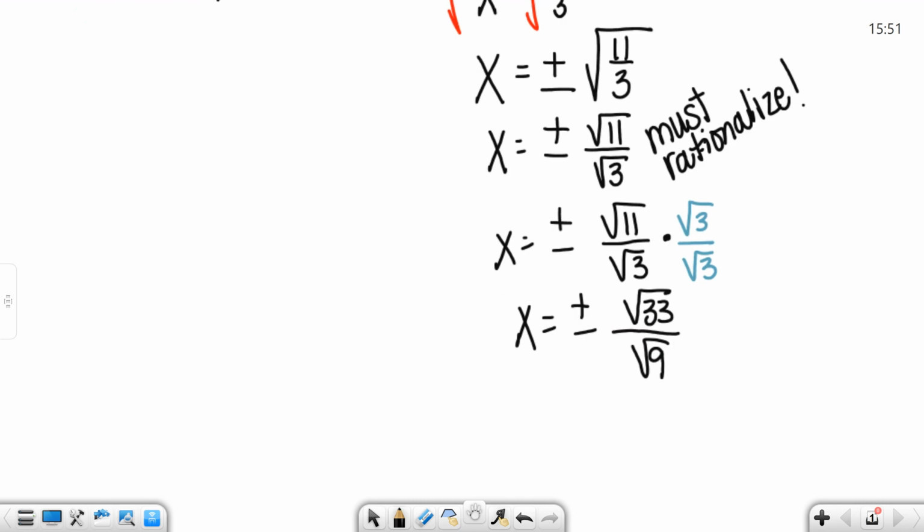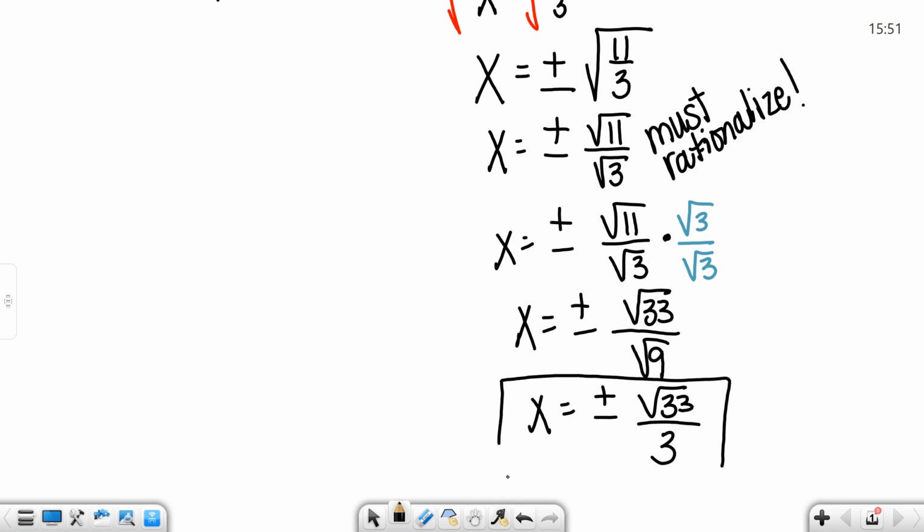Now I can do the square root of 9, the square root of 33 over 3. Remember, the goal of rationalizing is getting the radical out of the denominator. So this would be the correct answer that you type into my math lab.